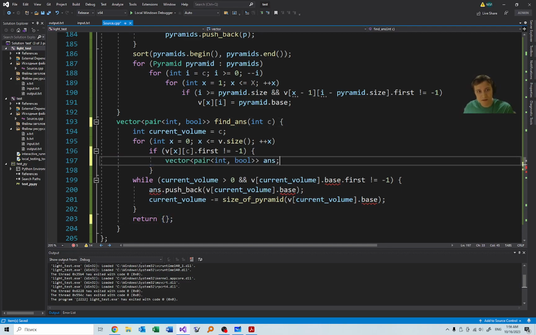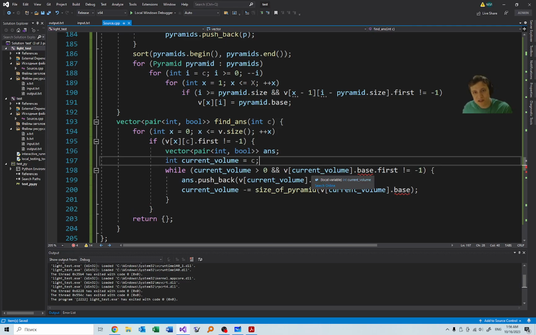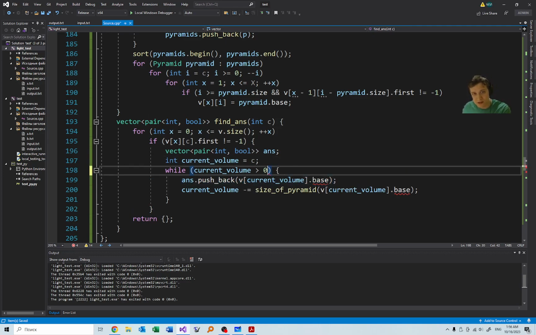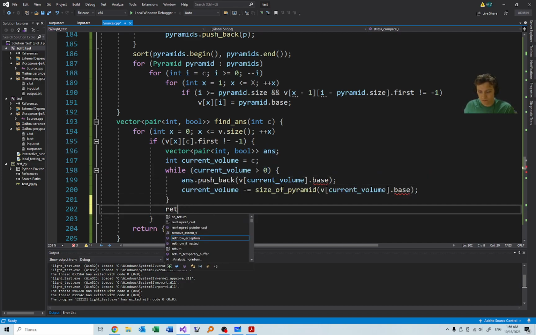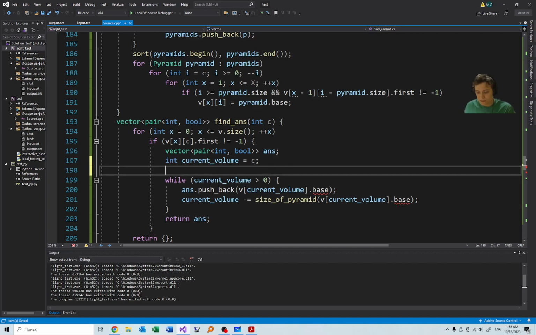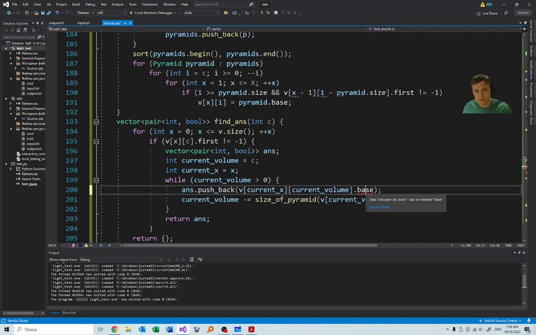And we will find it. So we say that current volume is C, and while current volume is greater than 0 and this can be eliminated, we say that ans dot push back. We need current X as well. So here we ans dot push back v current volume current X, and we subtract it.